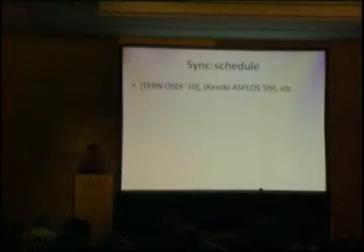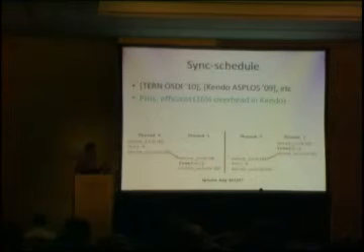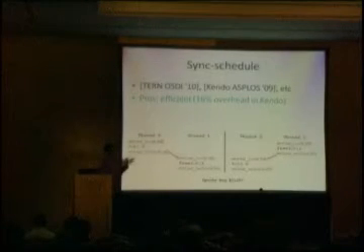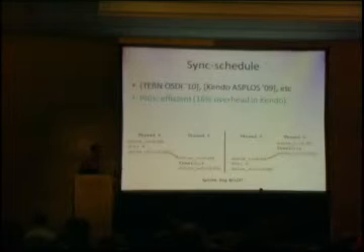For example, Tern, our previous work, and Kendo both use sync schedule to implement their DMT systems. These systems always enforce the same deterministic total order for synchronization operations. As long as we enforce the same deterministic order for synchronization operations, the Apache bug always runs deterministically, either crash or correct.